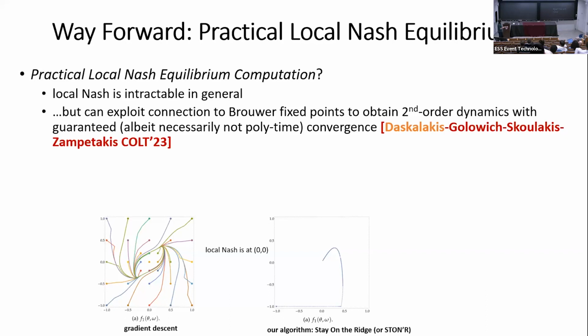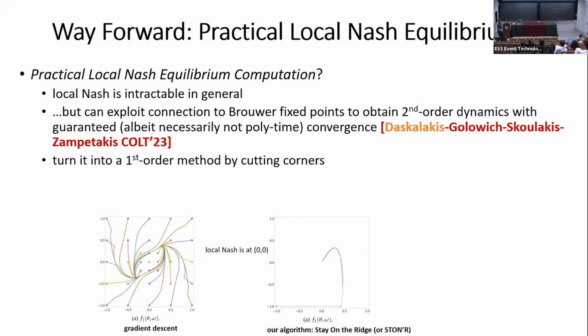This is what our dynamics does. The problem with our dynamics is it's second order. It looks at the second derivative of the utilities. And it's not as practical for this reason, right? Because here the goal is to operate with neural nets with 1 million parameters each. So the second order tensor is 1 million squared, which is not something I want to compute at every step of my iteration.